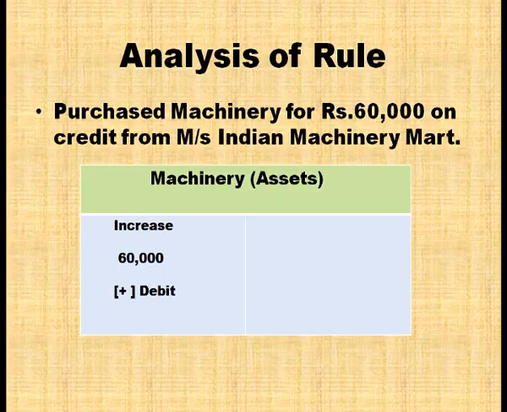Messrs Indian Machinery Mart is credited. And in this transaction, machinery account is debited. Rule for asset, increase in asset debited. So, machinery account debited and Messrs Indian Machinery Mart credited with the amount that is given in the transaction.